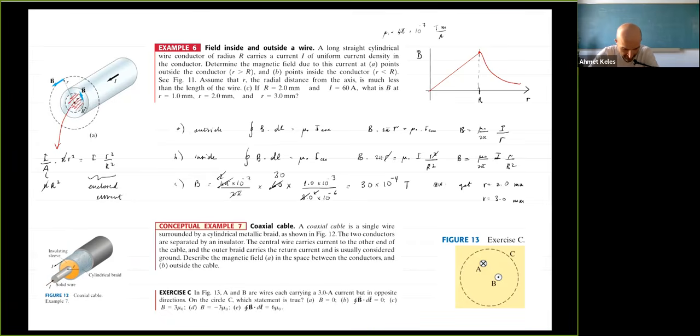So the magnetic field inside is just from this current. What about the magnetic field outside? If you use Ampere's law for a circle like this, what is the total magnetic field outside? Zero, right? Exactly. Thank you. Because there's a current this way, a current that way, so the total enclosed current is zero. So the magnetic field will be zero. I mean, quite zero, depending on how good your cable is.